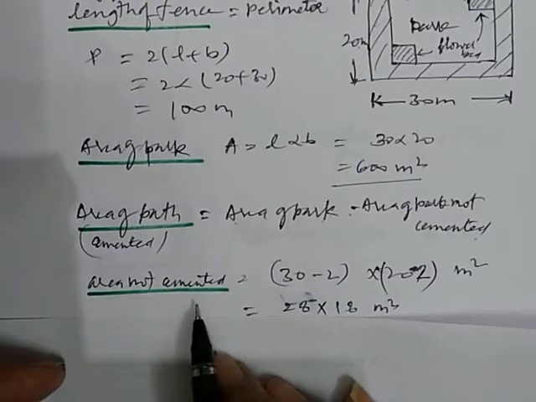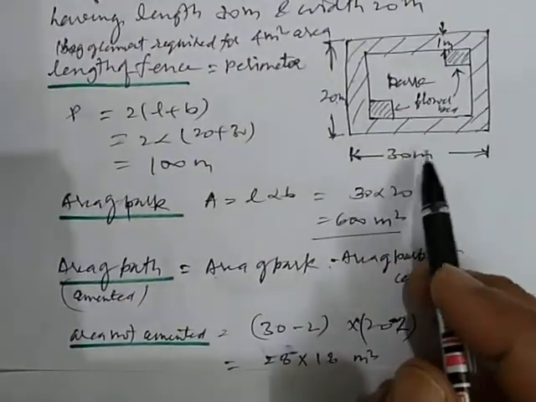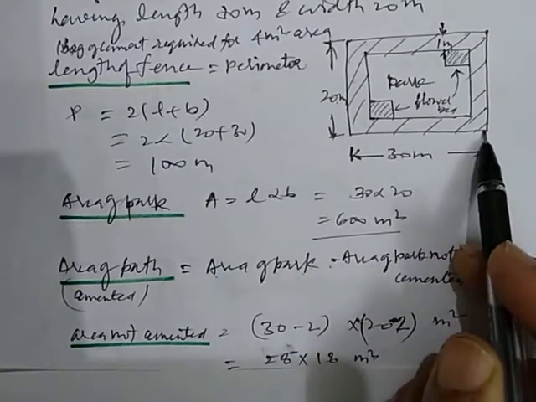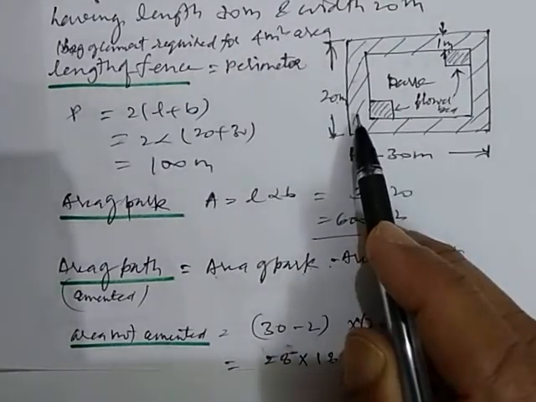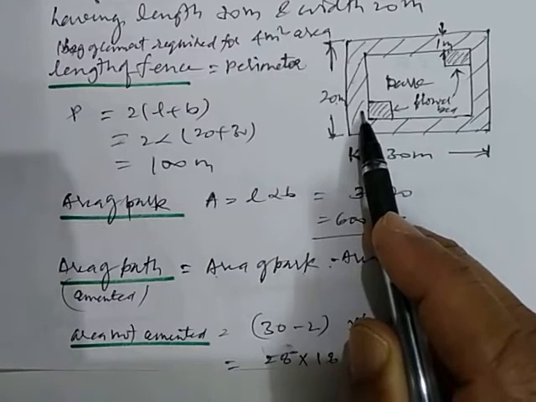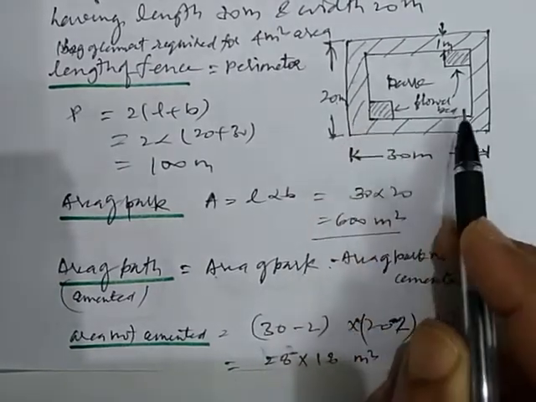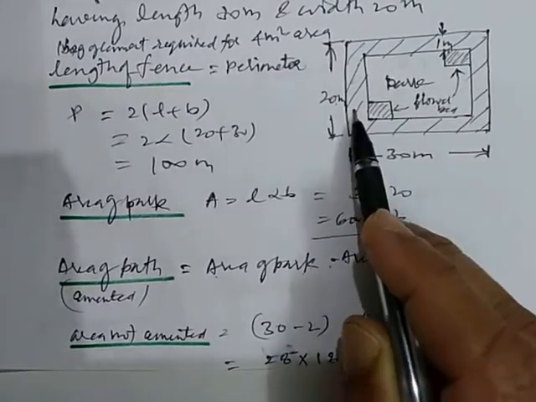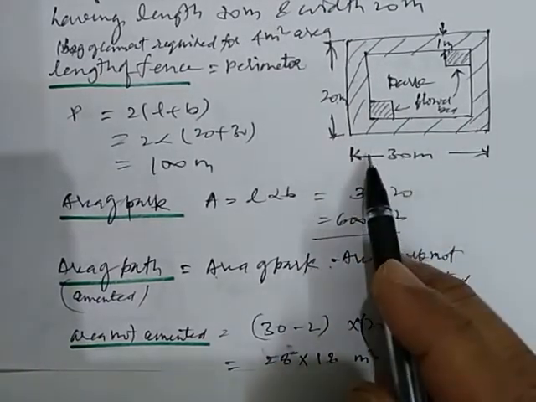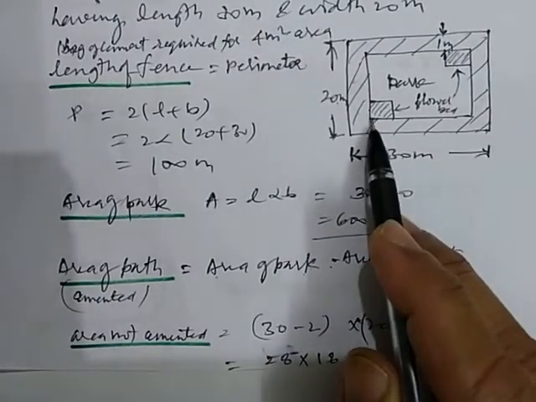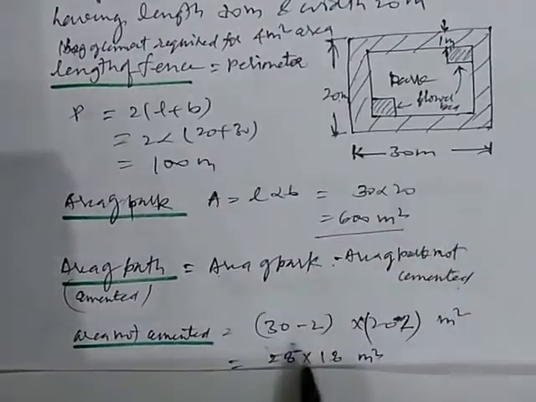This is the total length of this park, 30 meter, and this path has a width of 1 meter on each side. So 1 plus 1, 2. If we deduct the 2 meter from 30, then we get this.